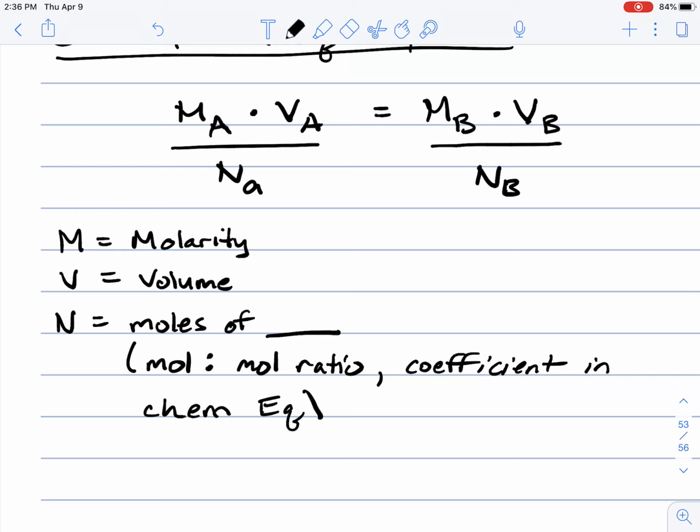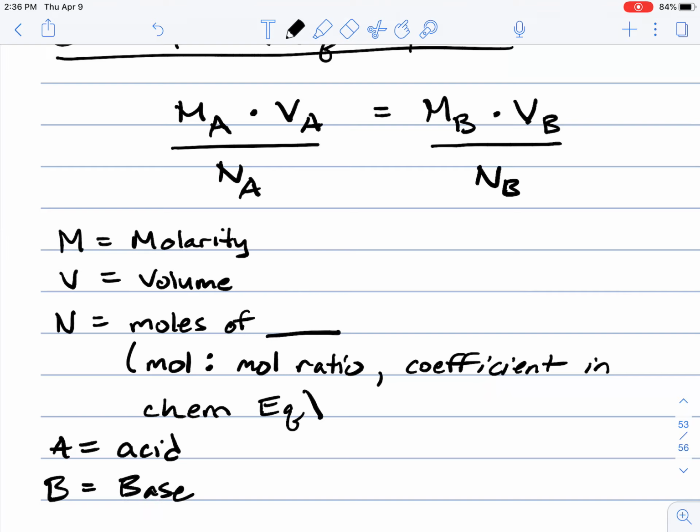Now, what does A mean, right? So A, and I'll use capital A just to be consistent, make sure everything is capitalized, A is your acid. Okay? And B is your base.